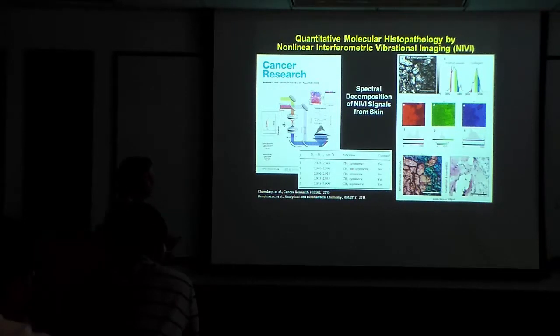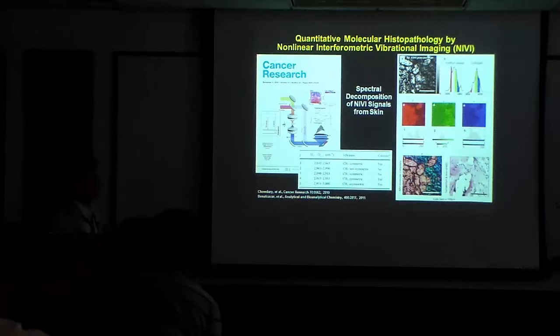This is skin tissue from a pig, where we color-coded different vibrational states depending on the molecule that may be vibrating. Now we can generate images like this, where in this case the pinkish are more the lipids from the fat cells, and the blue is more the proteins from the collagen and the stroma. So again, label-free molecular imaging.